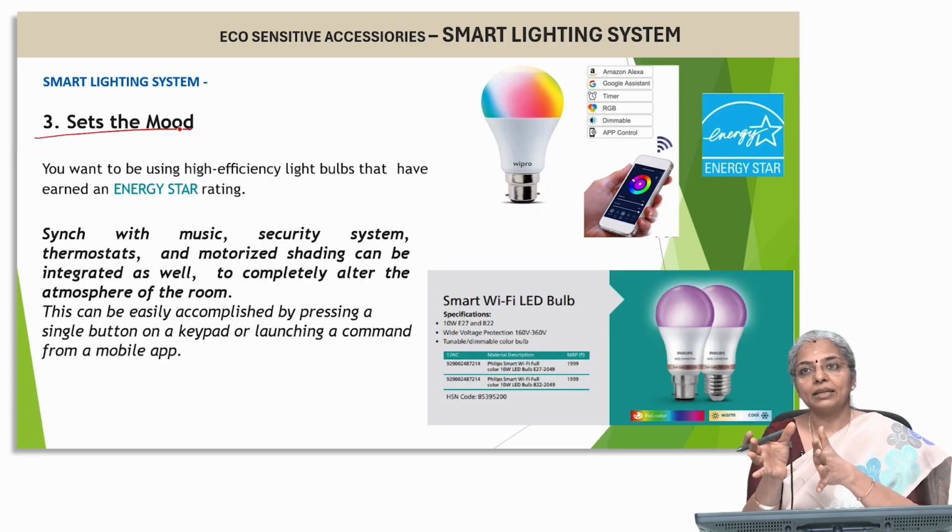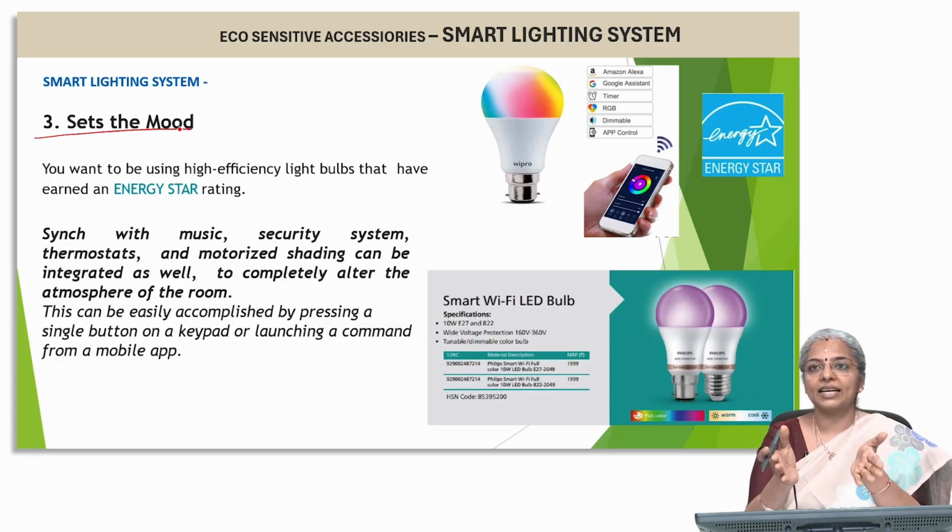These LED bulbs will adjust their color temperature and brightness levels to mimic daylight patterns. And this can have a huge impact on the look and feel of the rooms.